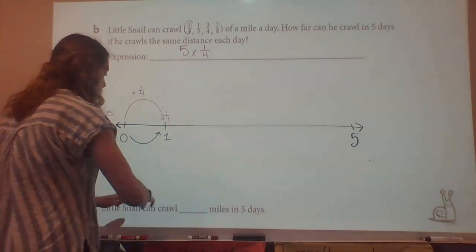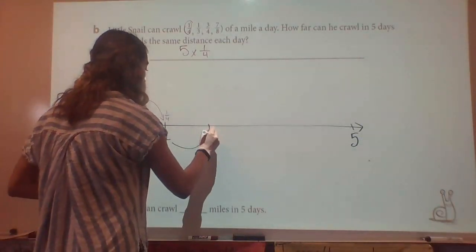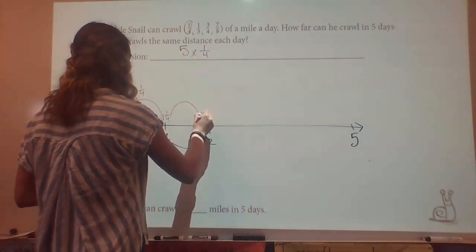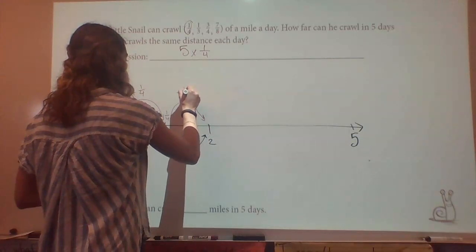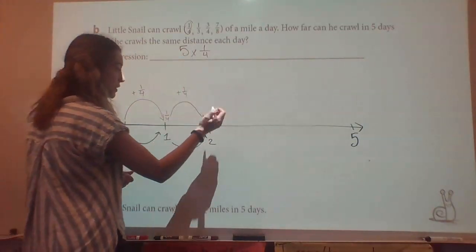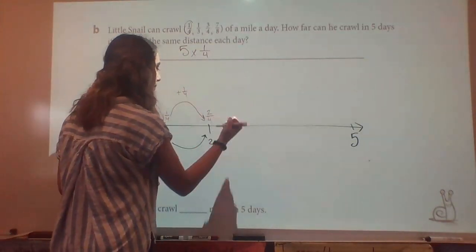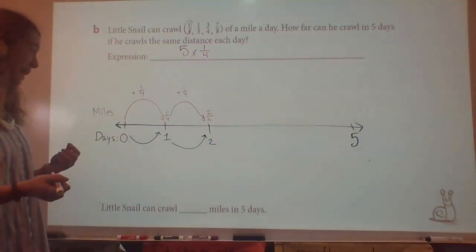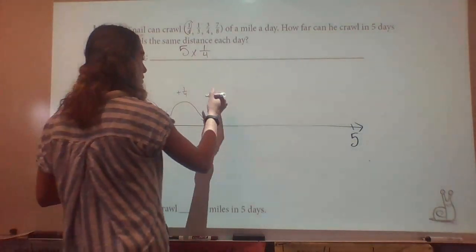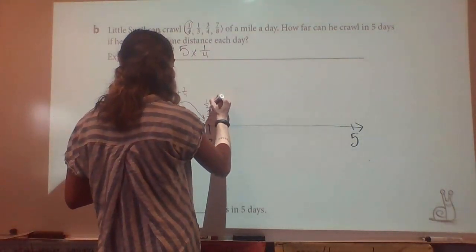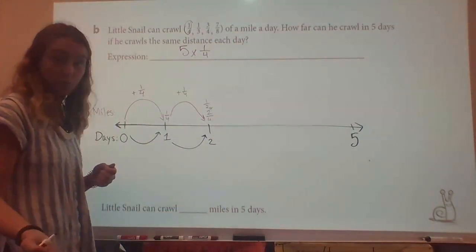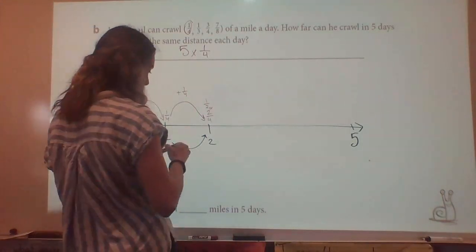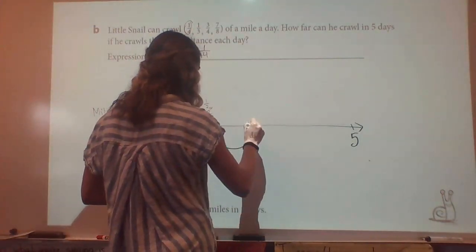The next day, day 2, he goes another 1/4 of a mile, plus another 1/4. And I know that 1/4 plus 1/4 is 2/4. He's at 2/4, which is also equal to half. So half a mile, write that above, 1/2 or 2/4. Then on the third day, he goes another 1/4 mile.